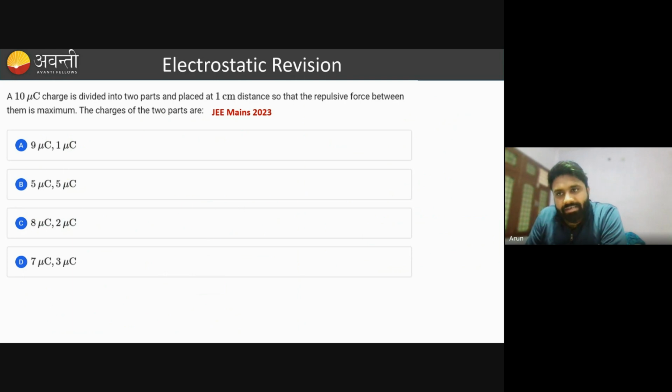We have divided it into two parts, and then we have separated these charged particles by a distance of 1 centimeter. It is repulsive because the charges are the same. So if the repulsive force between them is maximum, then the charges will be what? This is a very simple question if you go by the tricks.